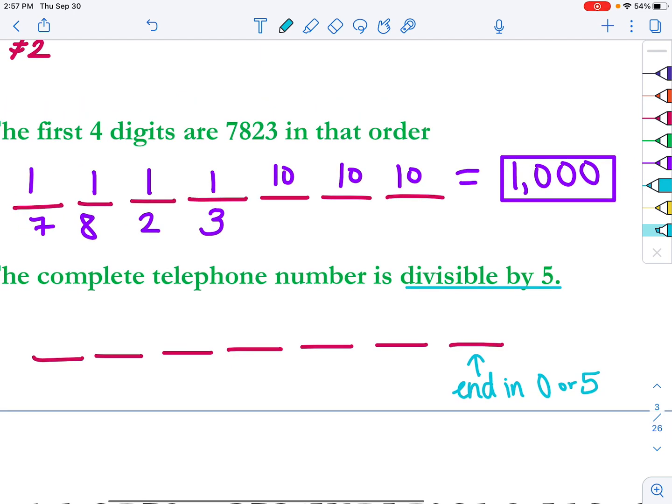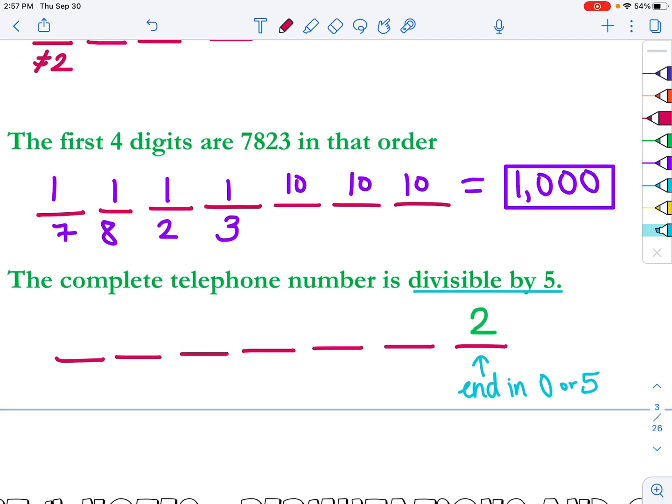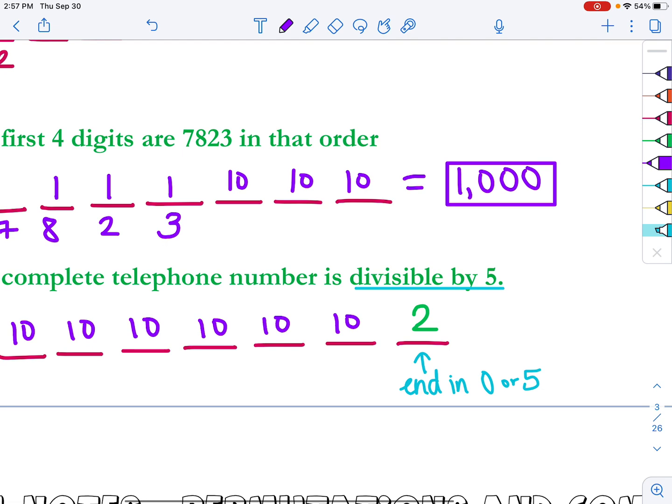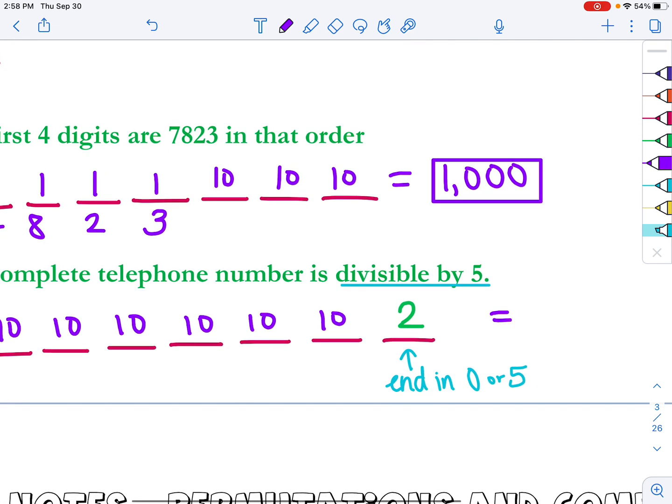So we only have 2 choices for this last digit. But every other digit doesn't matter. We have 10 options for each of these. 10, 10, 10, 10, 10, 10, and times 2, and then we get 2 million for this one.